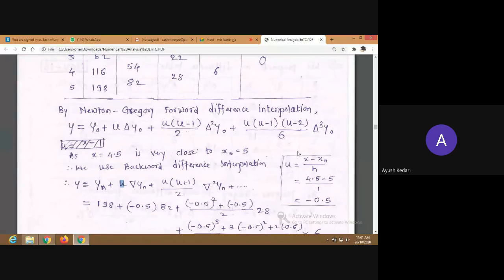Sir, can you once write the formula for forward and backward and tell us the basic difference? Okay. And one more thing, sir, can you check the settings of the camera? I think it's from the laptop.